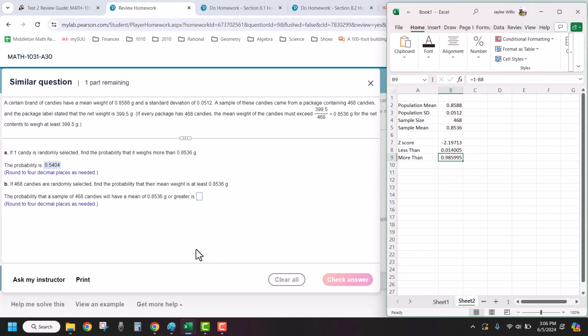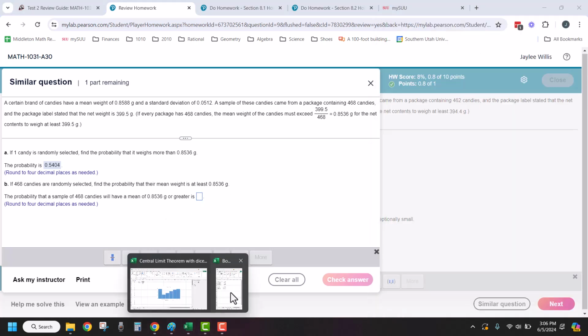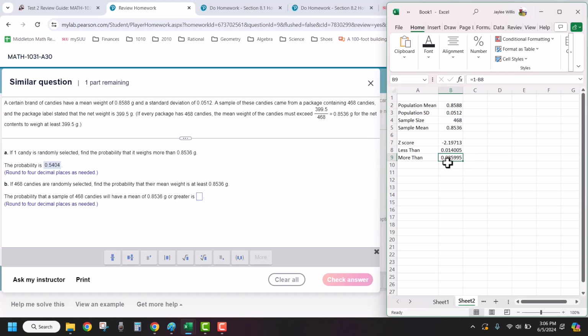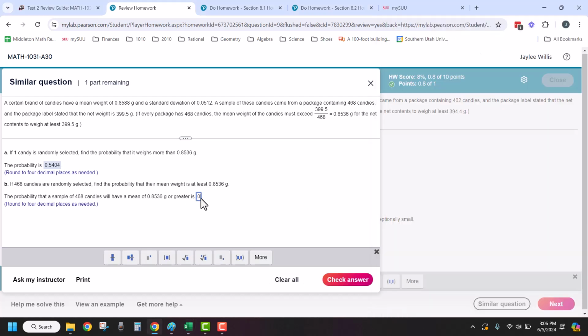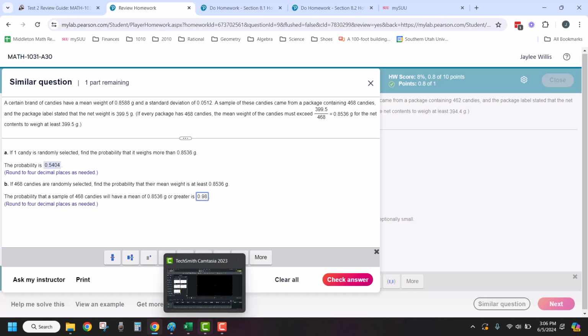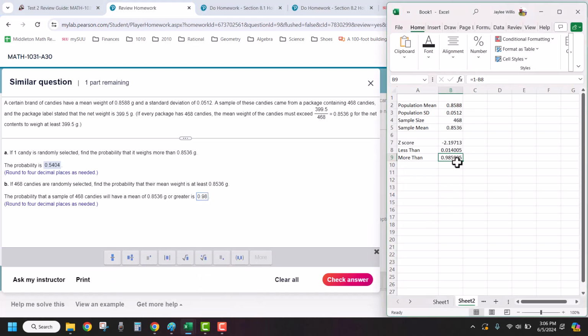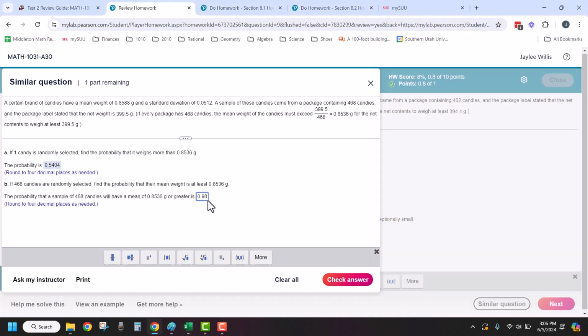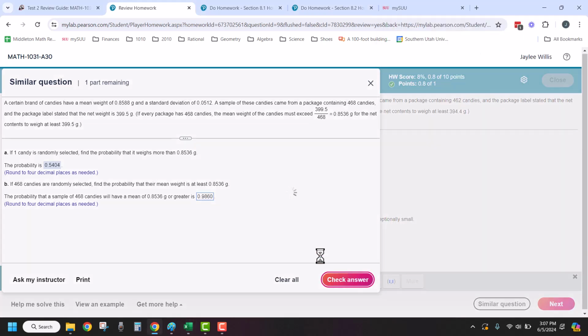So almost 99%. Because that's what my calculation gives me there. And if I type that in, 0.98599, which rounded would be 0.9860.